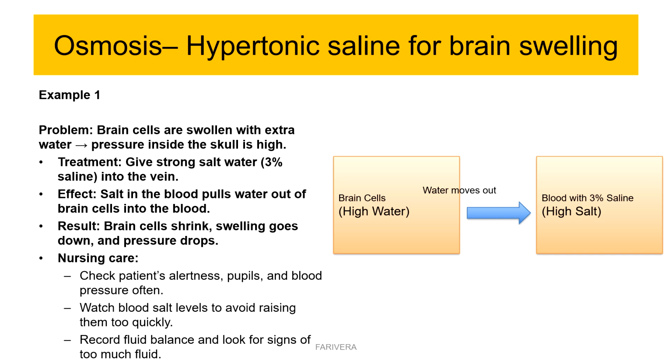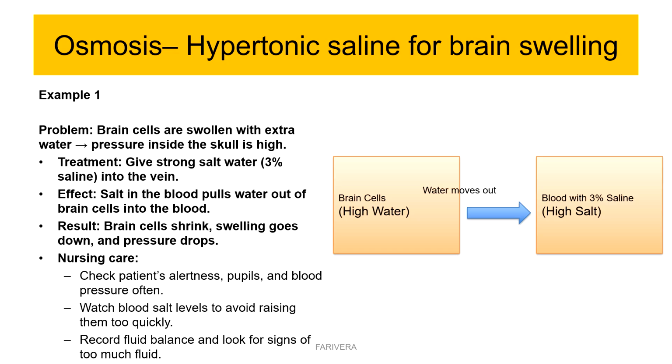The example on the slide uses 3% saline, a hypertonic solution. The higher salt concentration in the blood promotes movement of water out of swollen brain cells and toward the extracellular fluid. So as the cells lose excess water, swelling can decrease.